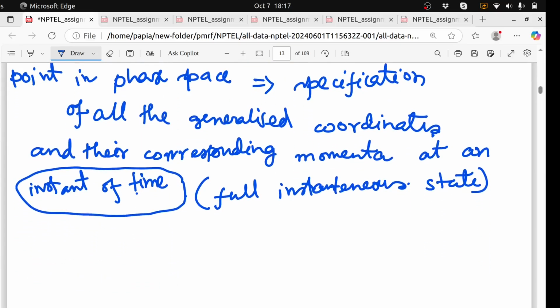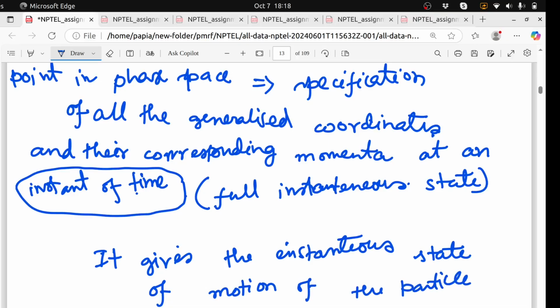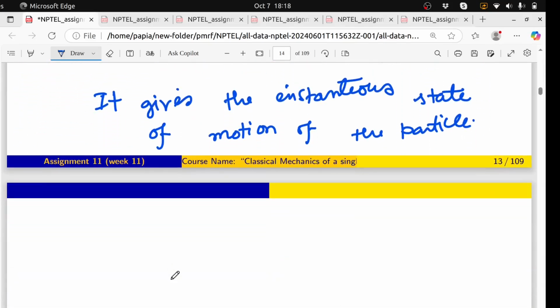Okay, so that means it gives the instantaneous state of motion of the particle, right? So the phase space basically represents the instantaneous state of motion of a particle.